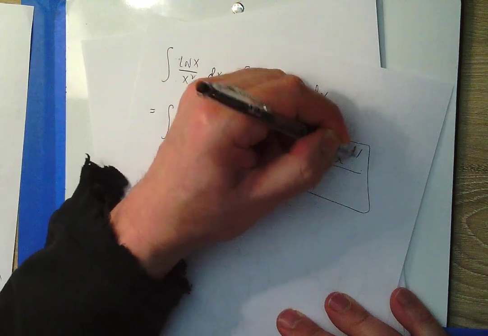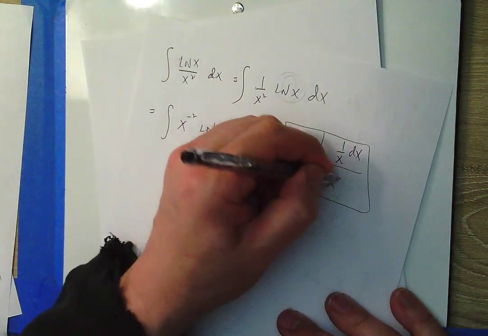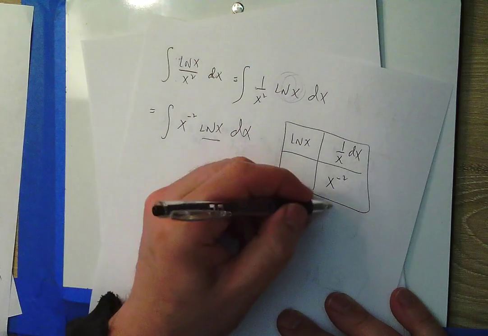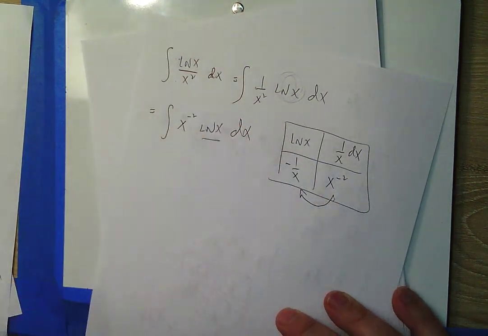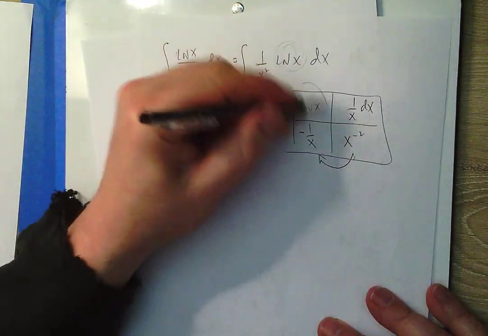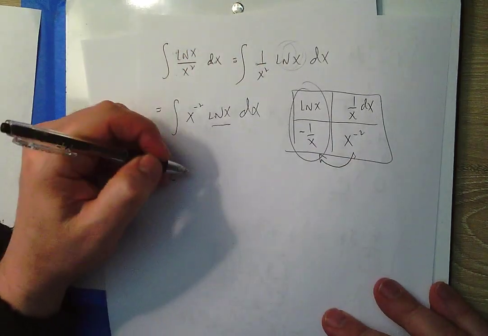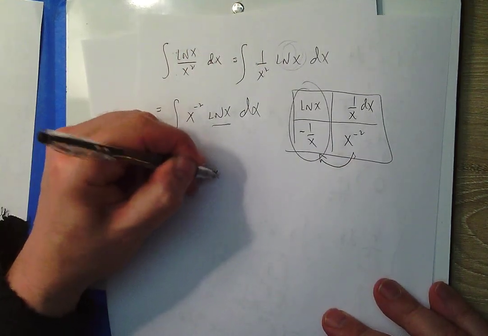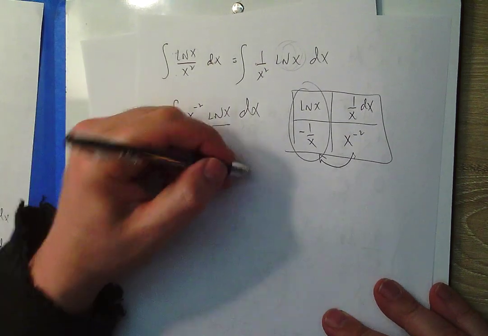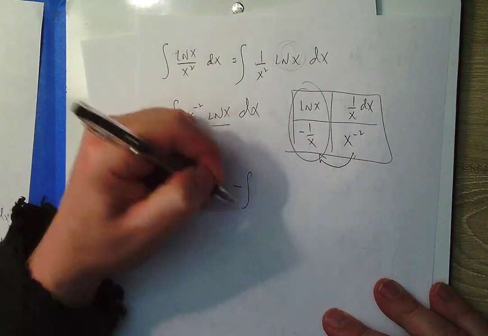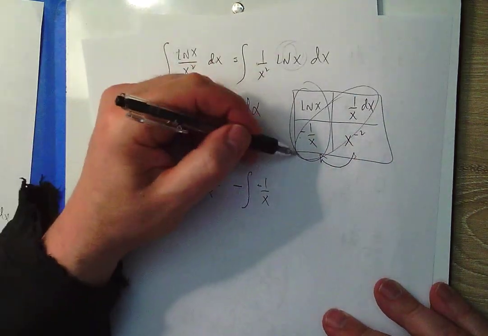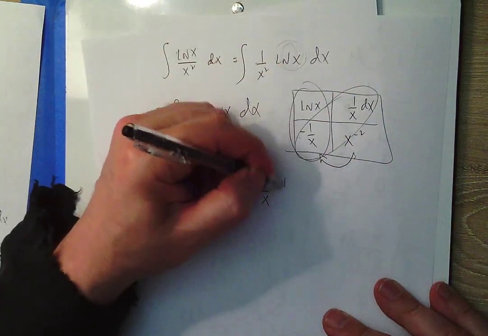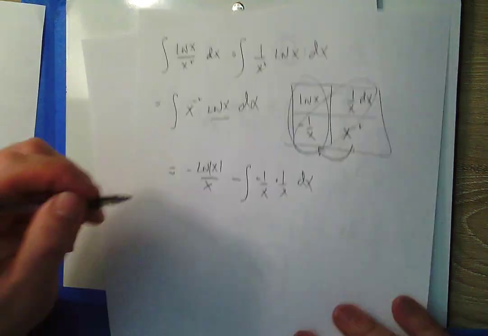1 over x dx. And if I put x to the minus 2 here, the antiderivative of 1 over x squared is negative 1 over x. So this times this, negative ln of x over x minus the integral of this times this, negative 1 over x times 1 over x dx.